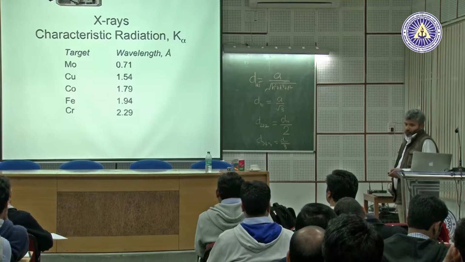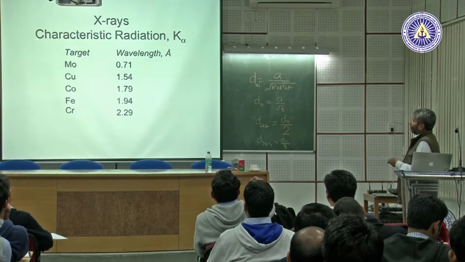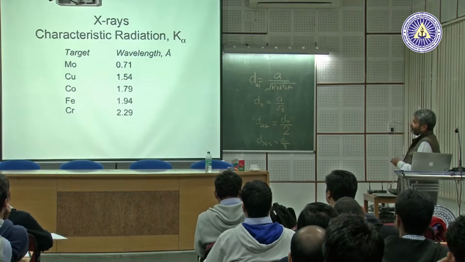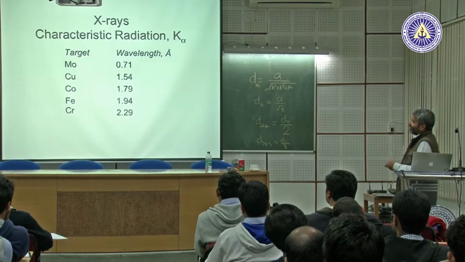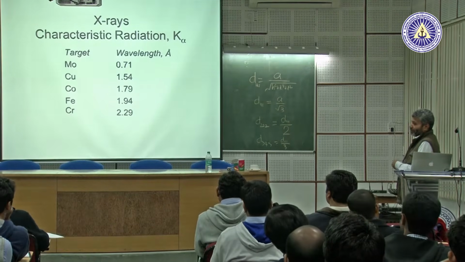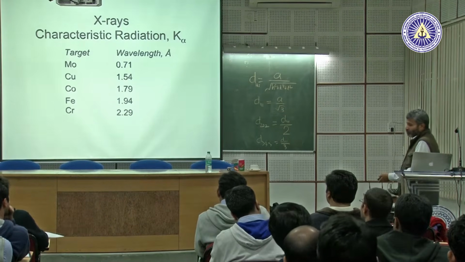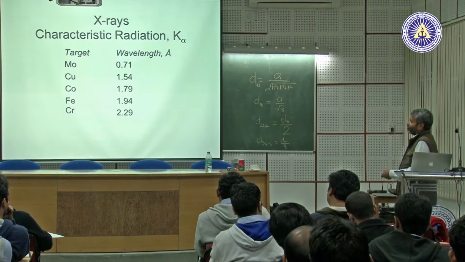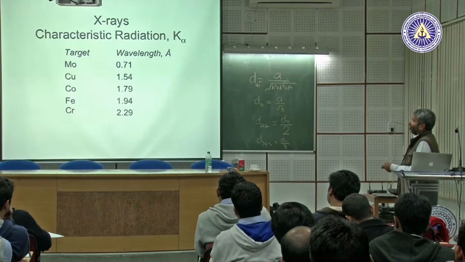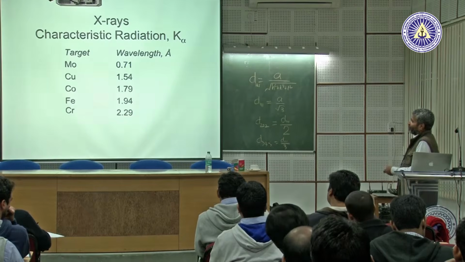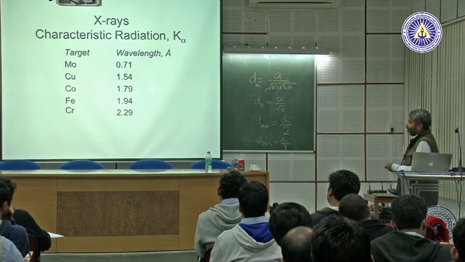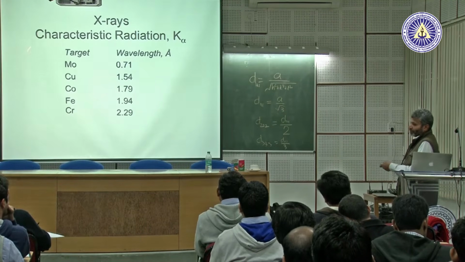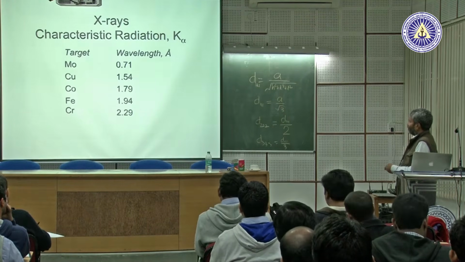Now, to get the X-ray, first you have to generate it for X-ray diffraction. The way to generate it is that you impinge high energy electrons onto a target metal. When high energy electrons impinge a target metal, they give you X-rays of different wavelengths. This is what happens in the so-called X-ray tube part of your experiment.